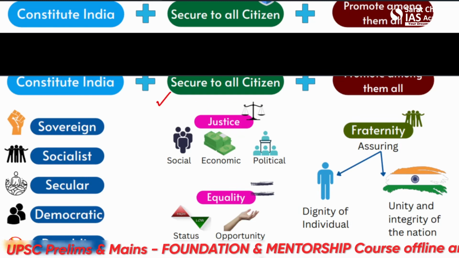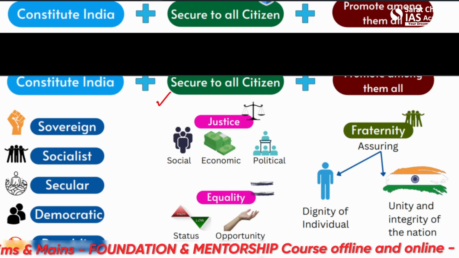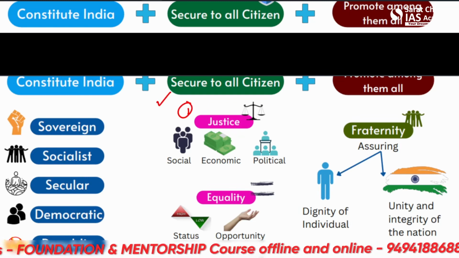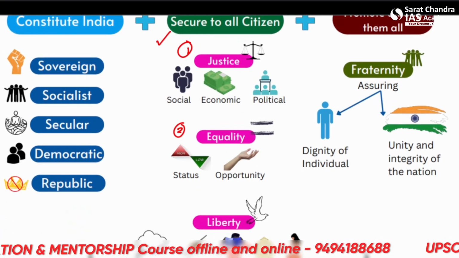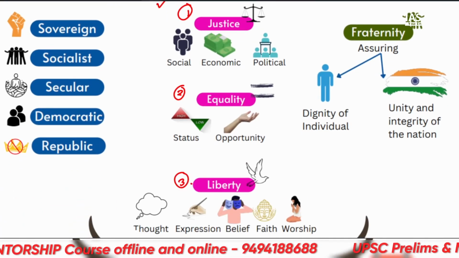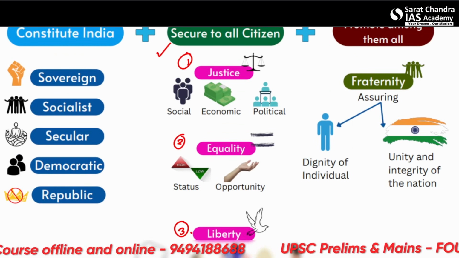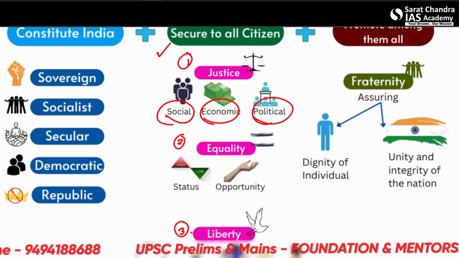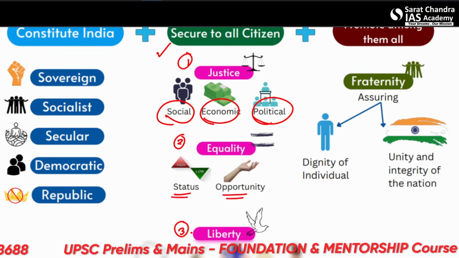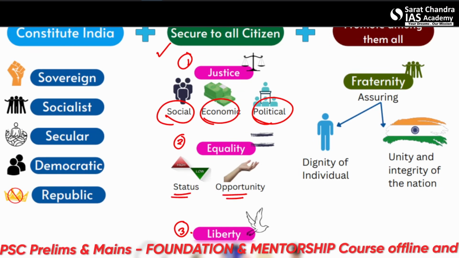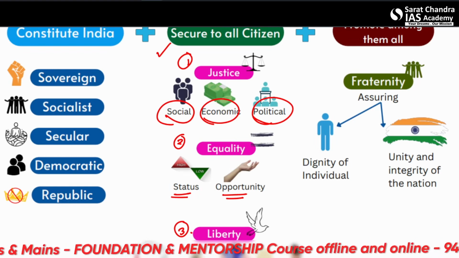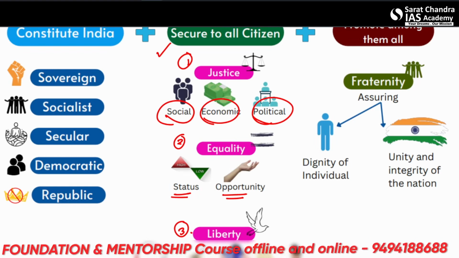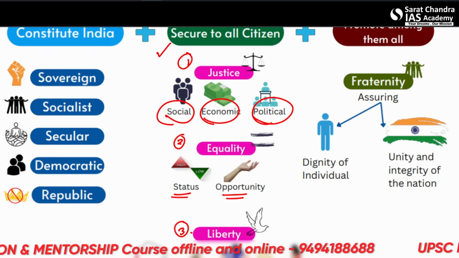Now let's see to secure to all its citizens: three things. The first is justice. Second is equality. Third is liberty. The justice is of three types, which is social, economic, and political. The equality is of two things, status and opportunity. And the liberty is of how many things? Five things: thought, expression, belief, faith, and worship.